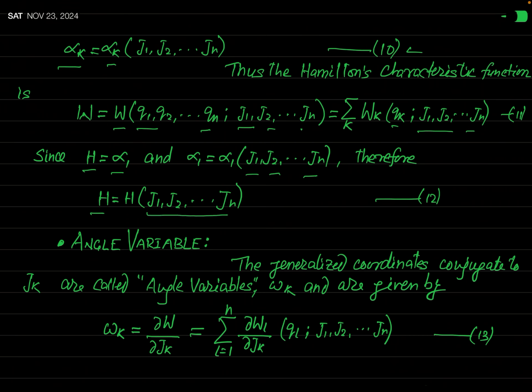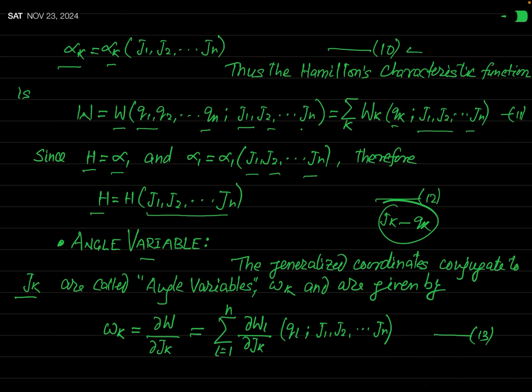So this is all about the action variable. Now we will talk about the angle variable. As I have told you, the action variable Jk is the conjugate of Qk. Just like that, the conjugate coordinate to this Jk, that is the conjugate coordinate to the action variable, is called the angle variable.